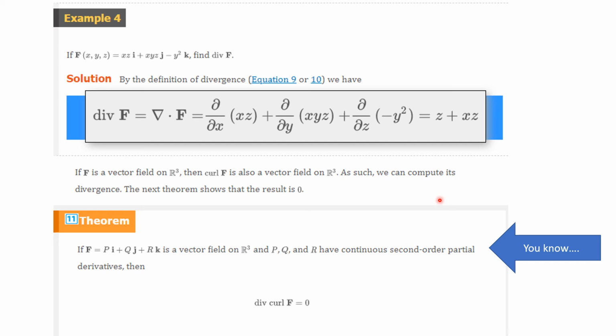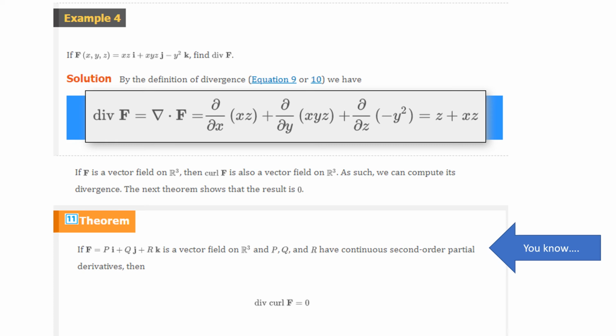If F is a vector field on R3, then the curl of F is also a vector field on R3. We've seen that before. So we can compute the divergence of the curl. And the divergence of the curl, this is a theorem, the divergence of the curl is equal to 0. Now this is a simple enough proof that you should be able to prove this. Why don't you prove this as an exercise? You know what to do.